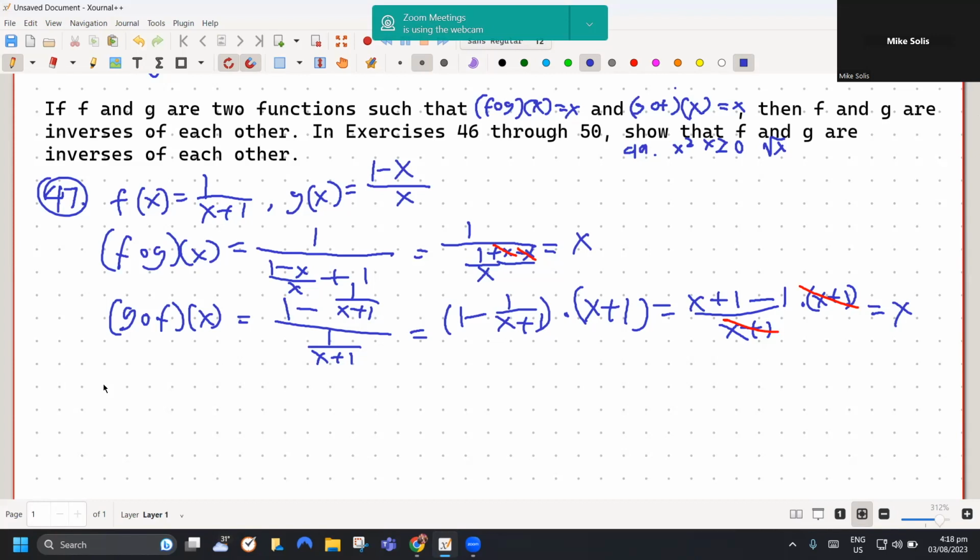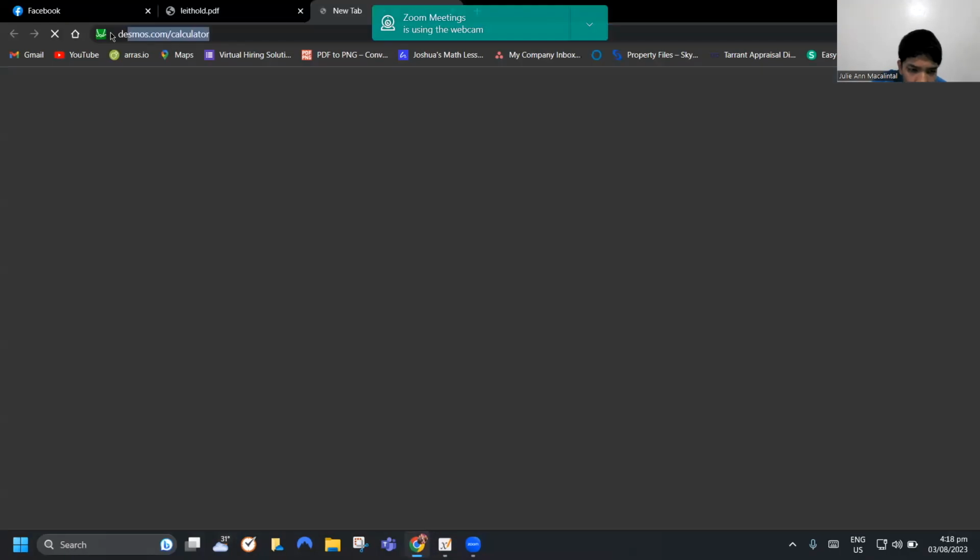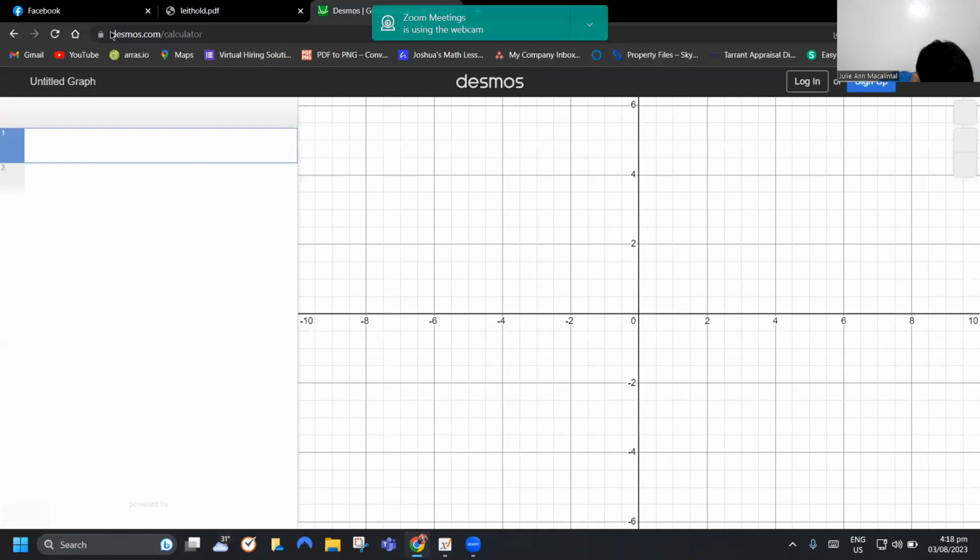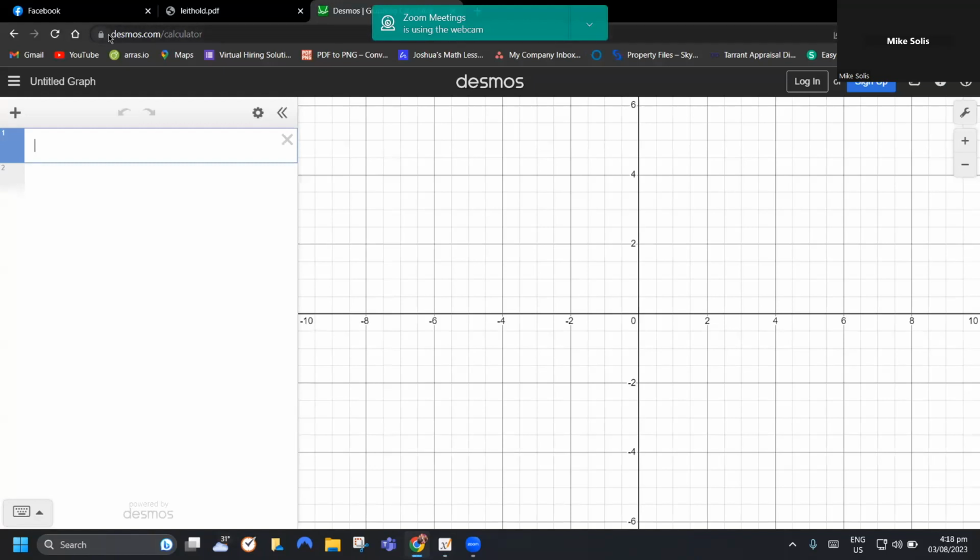g. So, y equals 1 over x plus 1 at g of x is 1 minus x over x. Tapos, pa-share ng graph. So, yung first function is 1 over x plus 1.